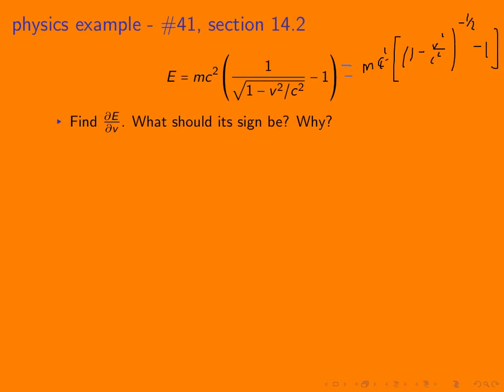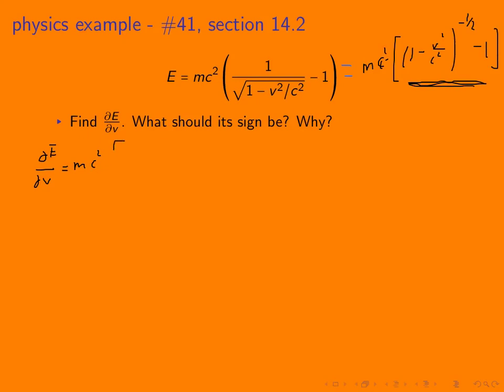I'm differentiating with respect to v, and so the v is in here. This piece, mc squared, acts as a constant. So the partial of E with respect to v: there's the constant piece out front, so let's just copy that down, mc squared, times the derivative of all that stuff.